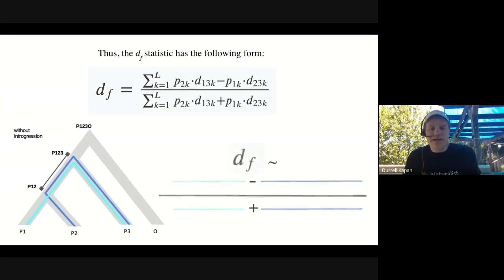In this case, the distance fraction is proportional to the difference between those 2 pathways on the tree divided by the total. But what's interesting is that both of those lines have this measuring stick in them, which is shown by this ruler between the node P12 and P123. That's the normalizing bit that went into the math.